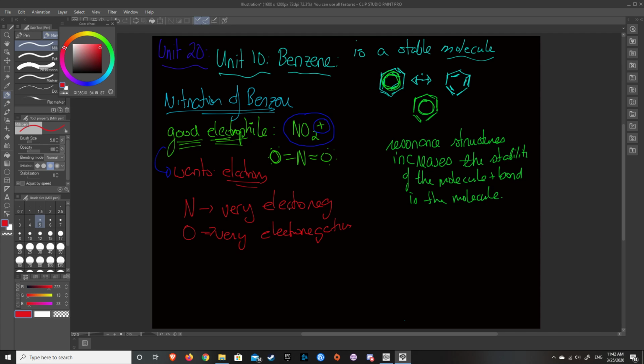Based on electronegativity, you can tell how happy an atom is going to be. All the atoms are extremely electronegative, but it's got a positive charge. So that shows that something is wrong. The NO2 would be happy if it had a negative charge, but right now it has a positive charge, which means that it's missing electrons, but it's extremely electronegative. So we know this is what makes it a good electrophile.